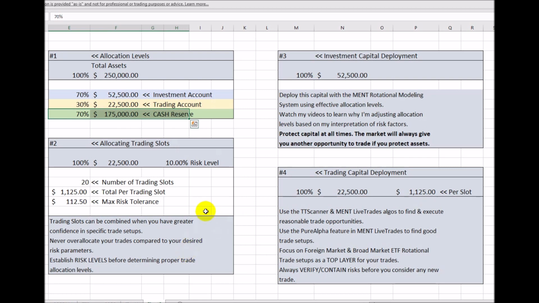Okay, but if you wanted to be a little bit more aggressive and keep your investment accounts working, you could readjust this level, say down to 55%. That gives you the ability to have a little bit more into your trading account and a little bit more into your investment account, and that still gives you the opportunity to trade and protect and execute the plan, which is your job. I'm giving you the information, you make all the decisions.